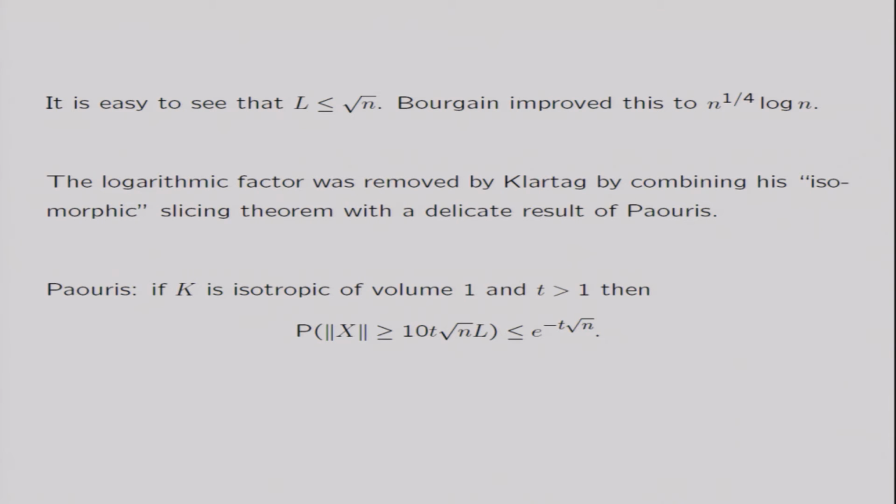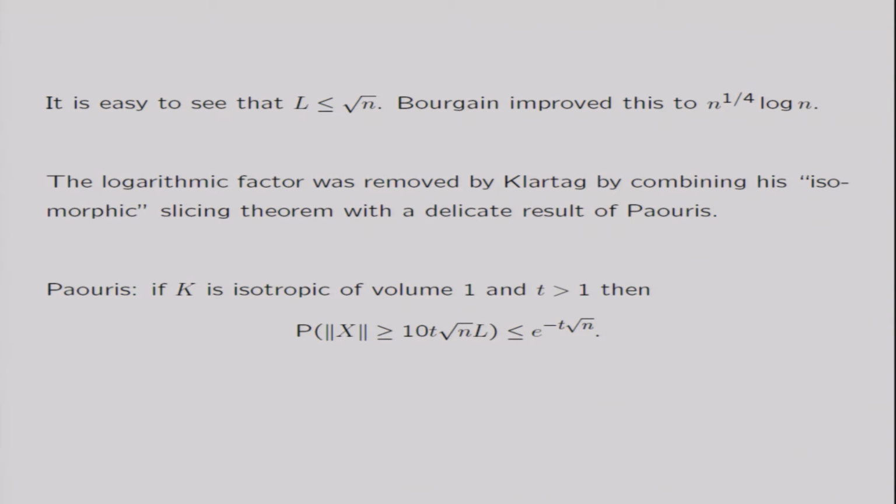So this was a theorem about what happens when you calculate these inertia tensors, but for bodies which are similar to the one you've got. So instead of looking exactly at the convex set that you've got, you're allowed to modify it a bit and then calculate the inertia. Okay? So he combined that with a delicate estimate of Paouris, which is written below. And putting those two together, it was actually rather easy to see that you could remove the log n term in Bourgain.